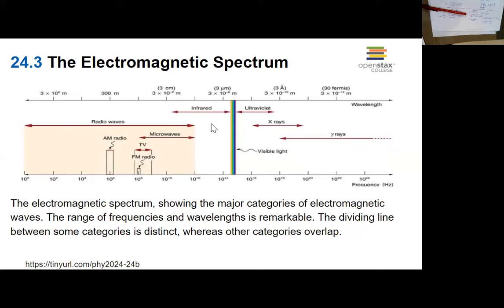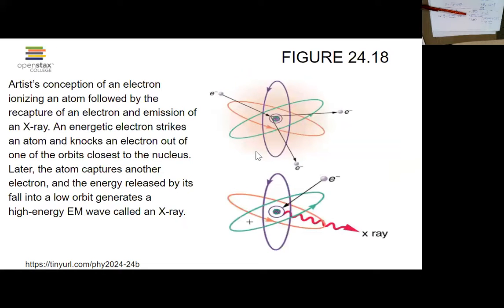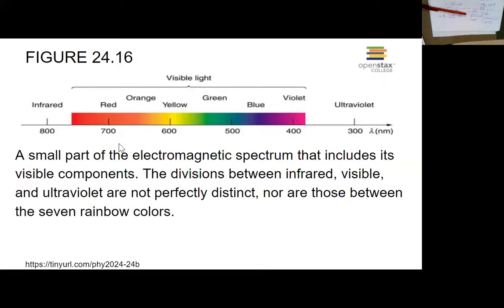We cannot see waves in that range, and we cannot see waves in that range either. It's a very tiny piece of it. If you zoom in, you can see the wavelengths in that range. That's the range of the wavelengths that we can see.